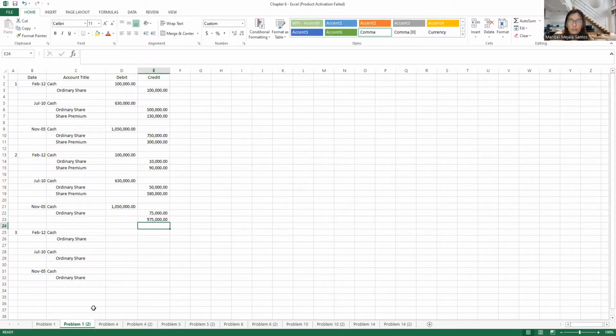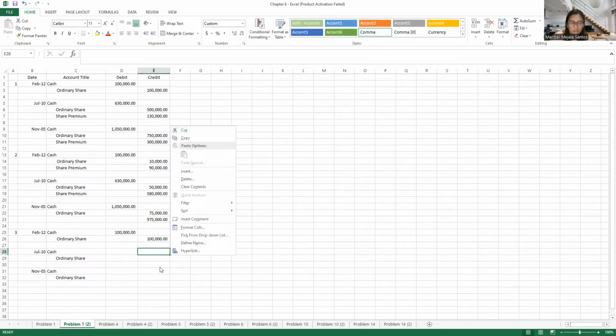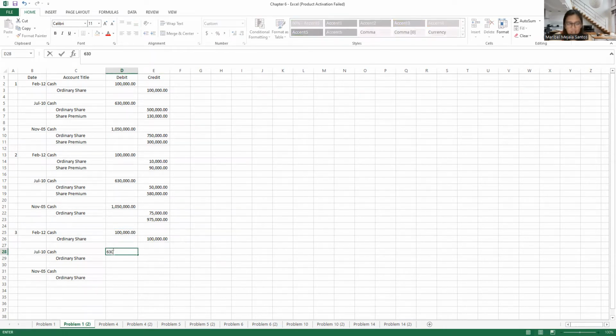If that is the case, pag no stated value, all you need to do is just to get how much you receive. 100,000. 630,000. And 1,050,000. Okay, so that's it.